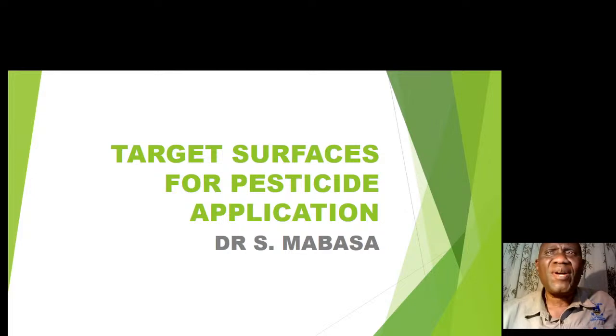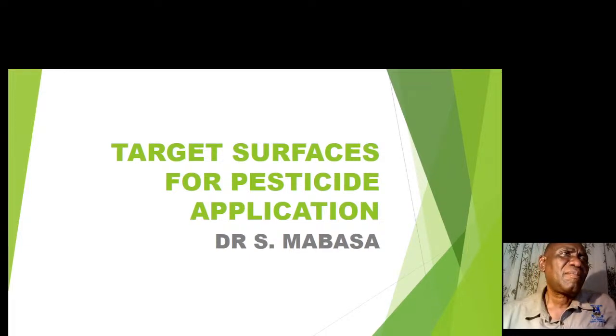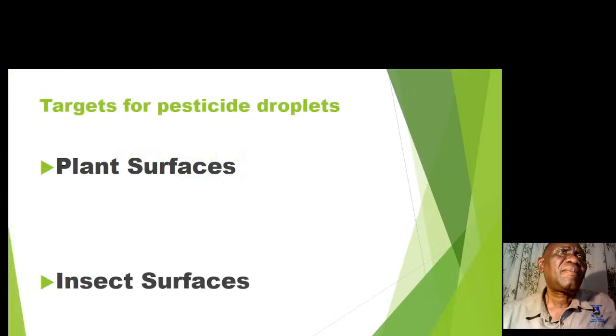So we want to talk about target surfaces for pesticide application. The target for pesticide droplets could be plant surfaces or insect surfaces.